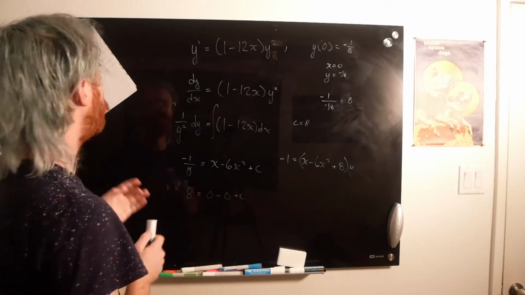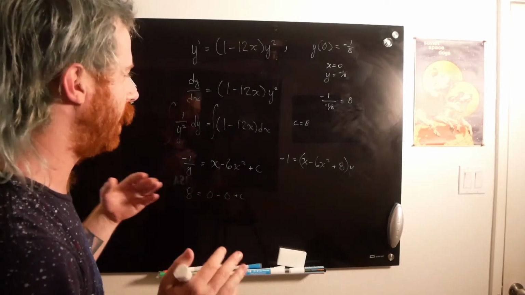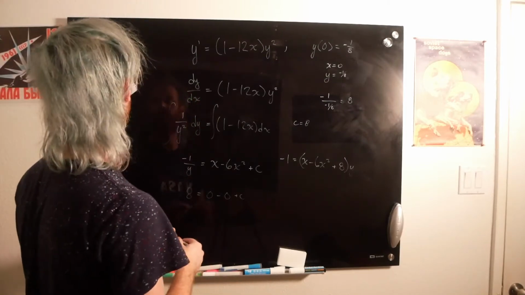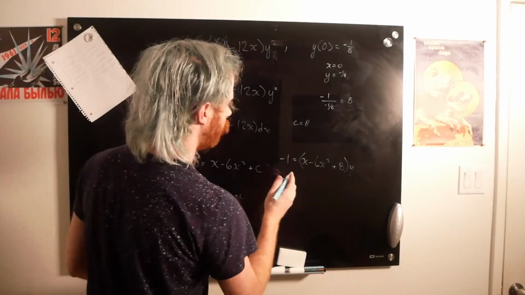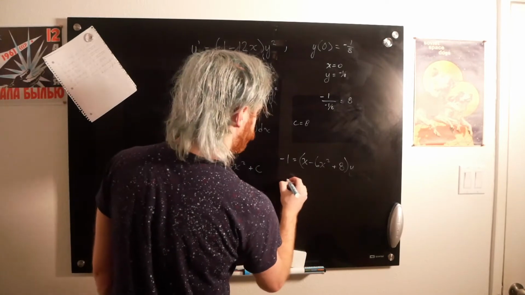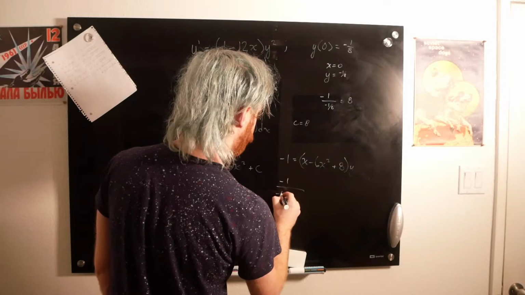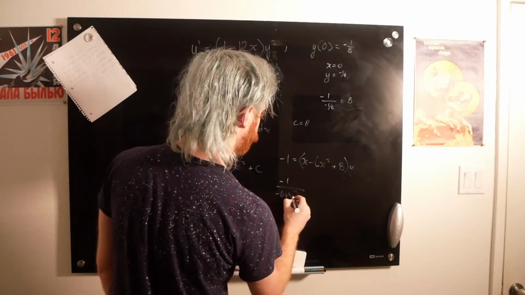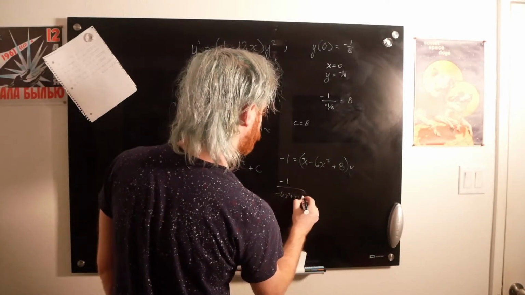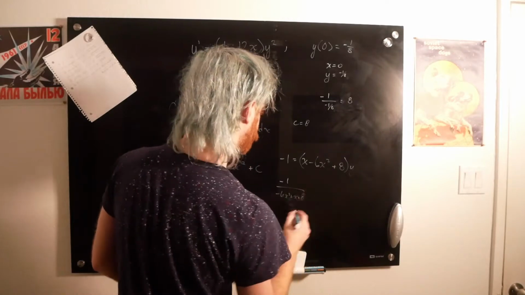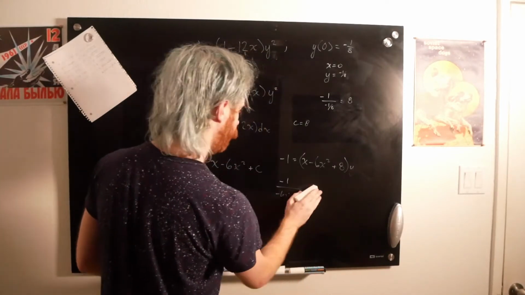I think the book has a little bit of a different answer. They're equal, but I'll show you why the book's answer is this way. So we're going to divide everything.